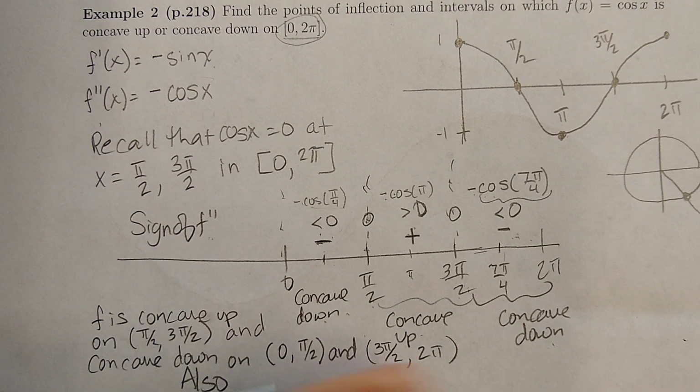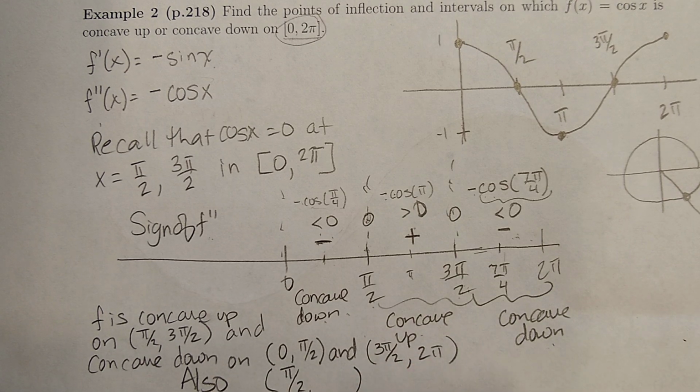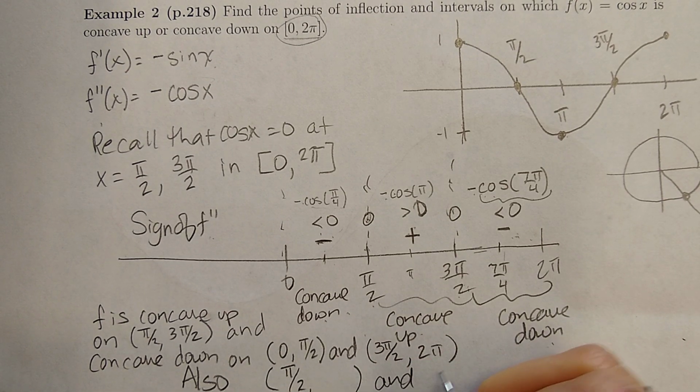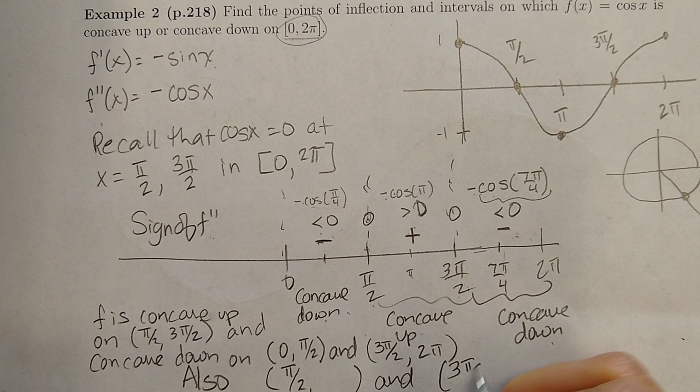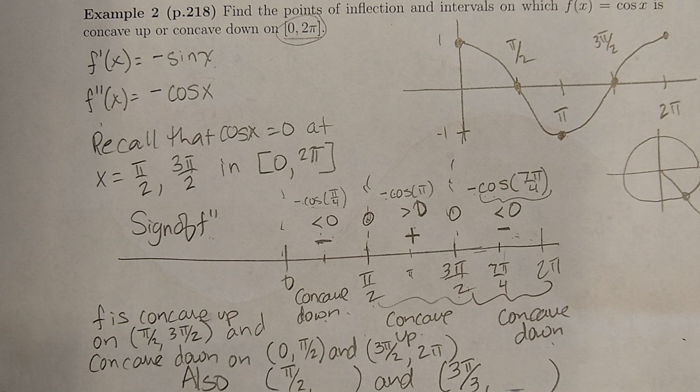Also, the point with first coordinate pi over 2 and the point with first coordinate 3 pi over 2 are points of inflection. So how do I tell what that second coordinate is?